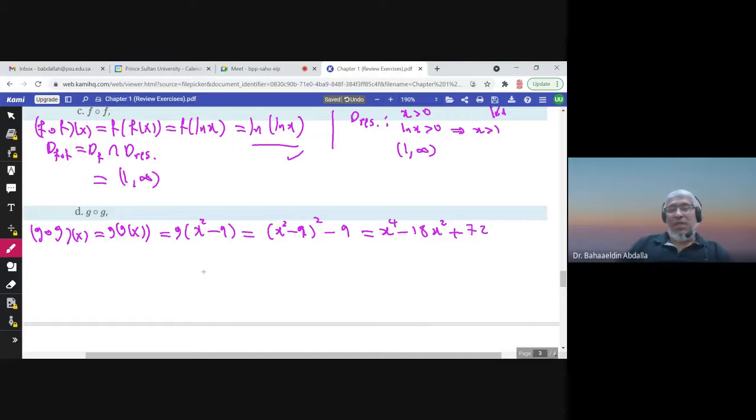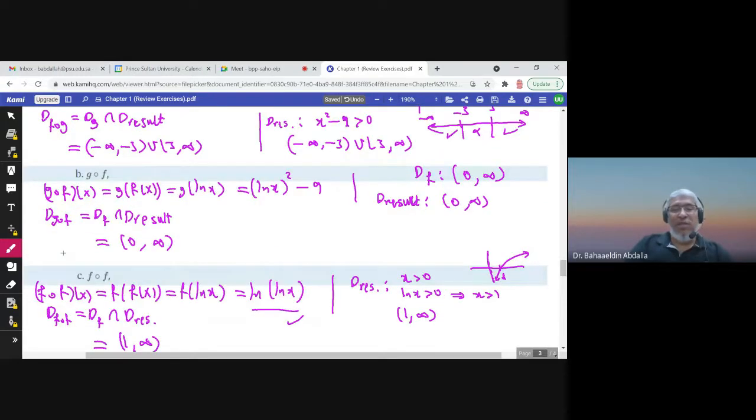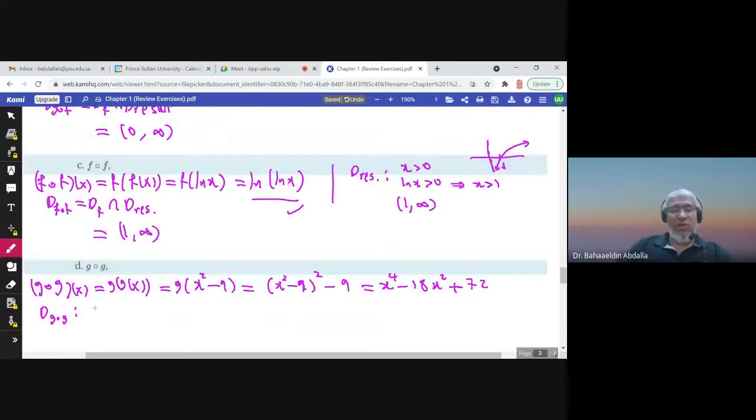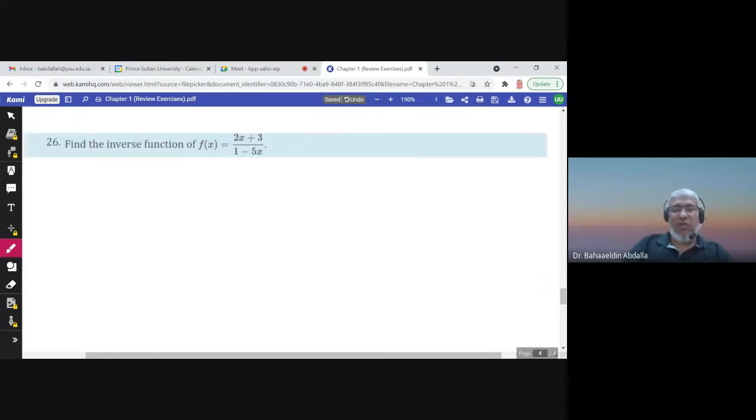This is g circle g. Well, the domain of g circle g would be the domain of g intersection the domain of the result. g is all real numbers, the result is all real numbers, so the domain of g circle g would be from negative infinity to infinity.